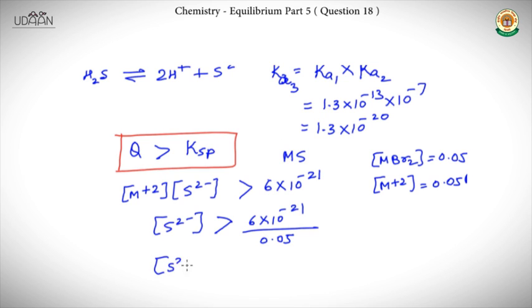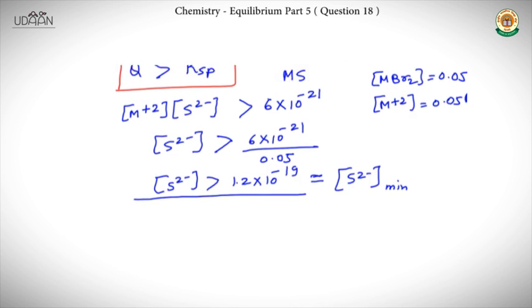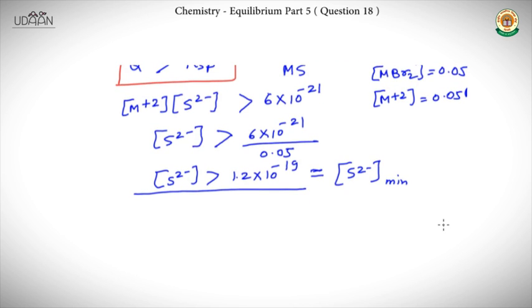So concentration of S2 minus should be greater than 1.2 into 10 raised to the power minus 19. This means that this is the minimum concentration of S2 minus which I require. This I can use to calculate the minimum pH. Let's see how.